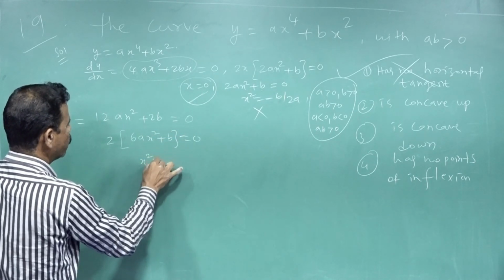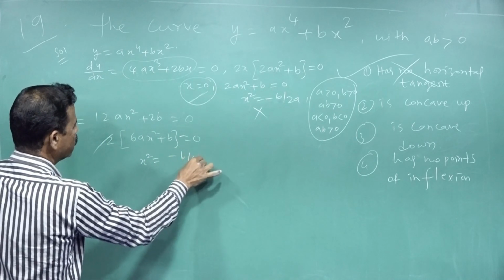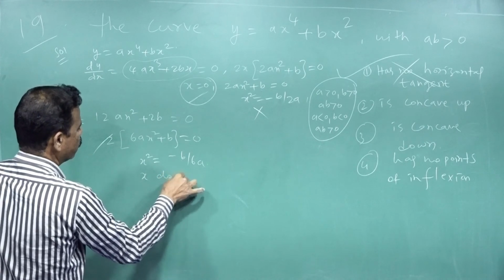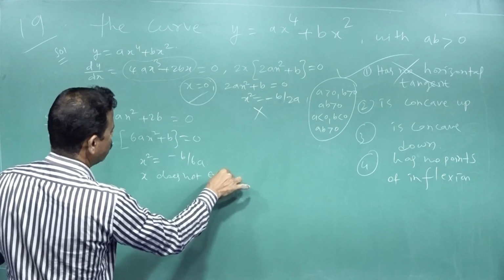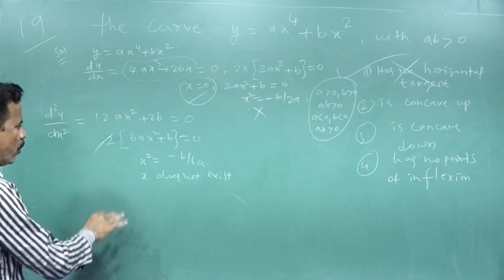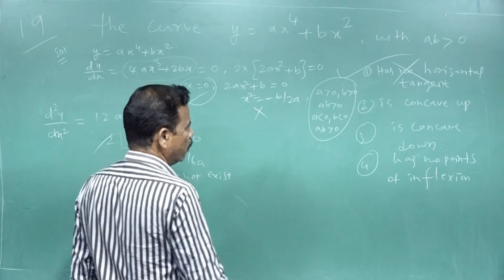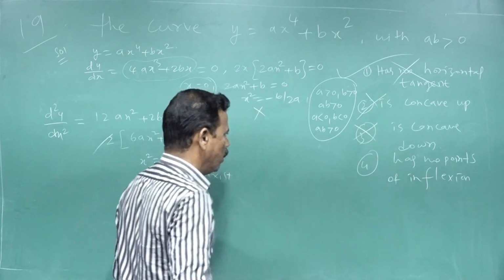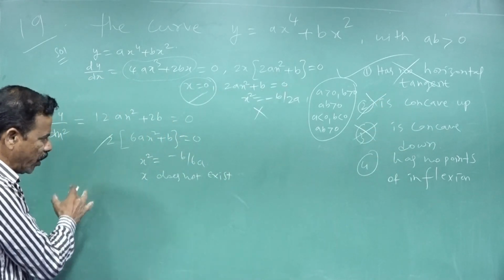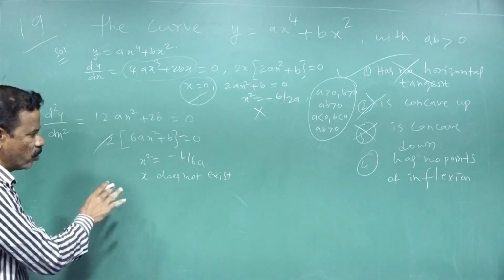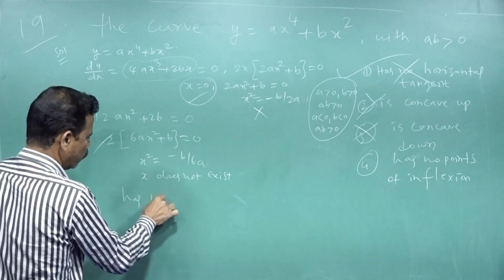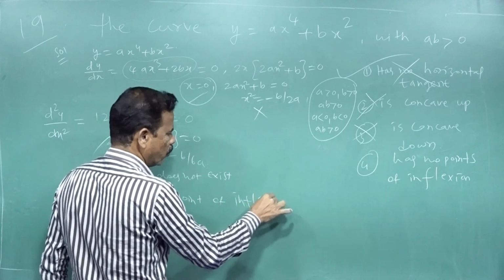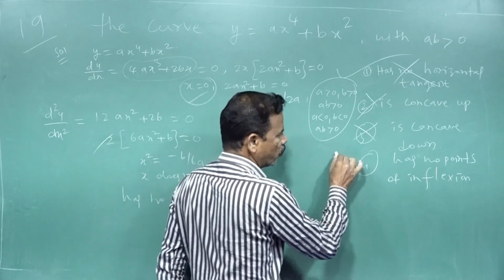So x square is equal to minus b by 6a. So this is not possible. X does not exist. That's why there is no concave up and no concave down. These two options are wrong. And there is no point of inflection also. That's why here the fourth option is right.